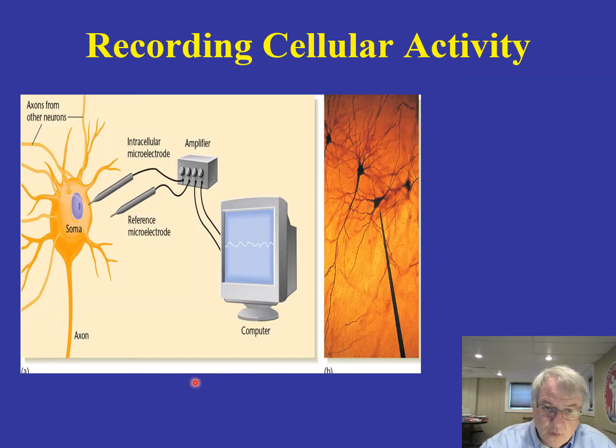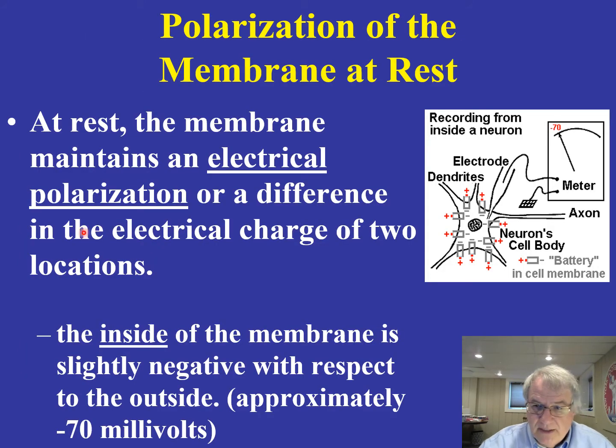If you were doing a recording on the inside of the cell and on the outside of the cell, you would obtain a difference of about -70 millivolts. So again, here's our recording from inside a neuron, and it's about -70 millivolts. Okay. That's our resting state.